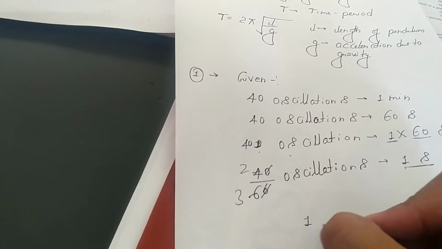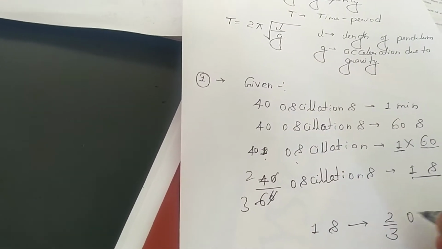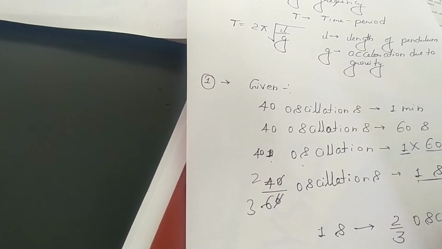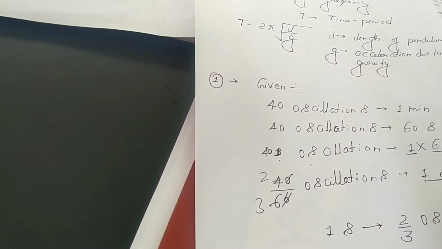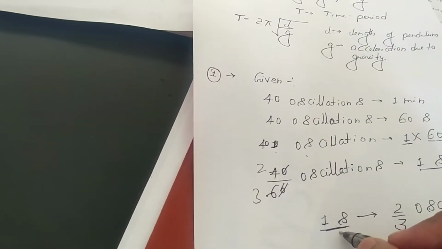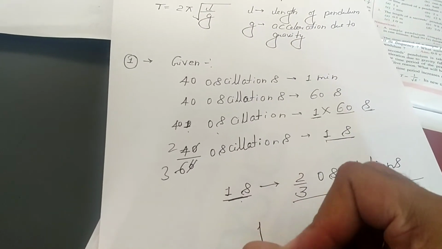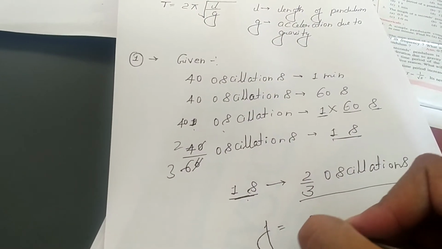It means in 1 second it is doing 2 upon 3 oscillations. So you know the number of oscillations completed in 1 second. It means this is frequency. So frequency F is equal to 2 upon 3.